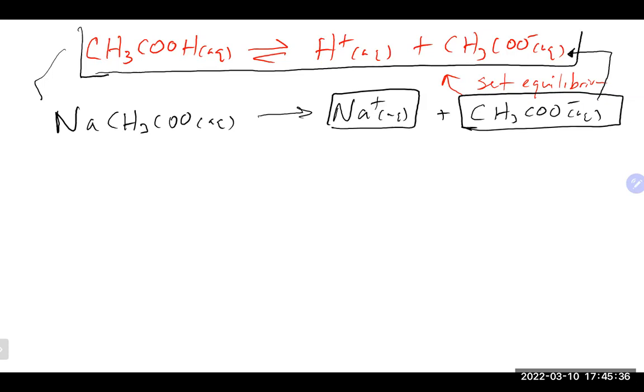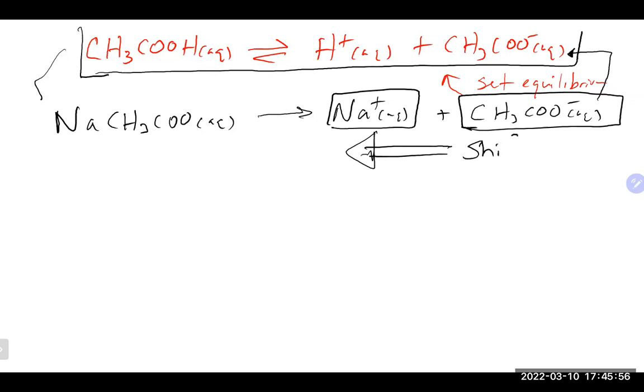When we do that, our good friend Le Chatelier's principle says the equilibrium is going to shift to the left, towards the reactant side. By having this extra acetate in there, the equilibrium shifts to the left.